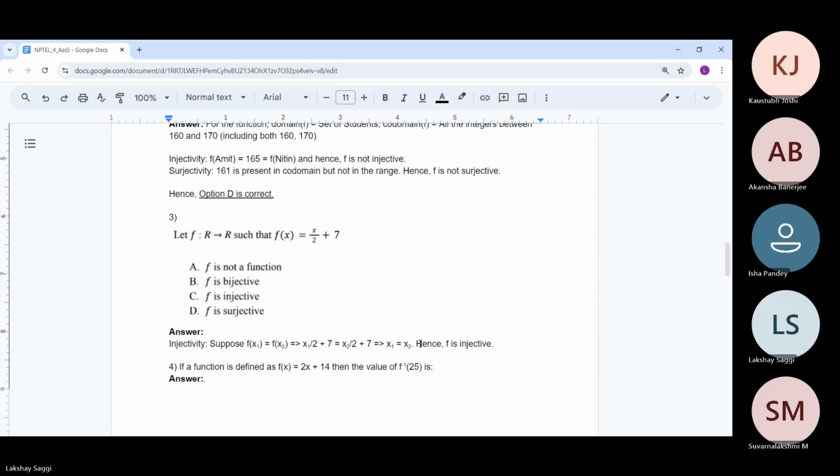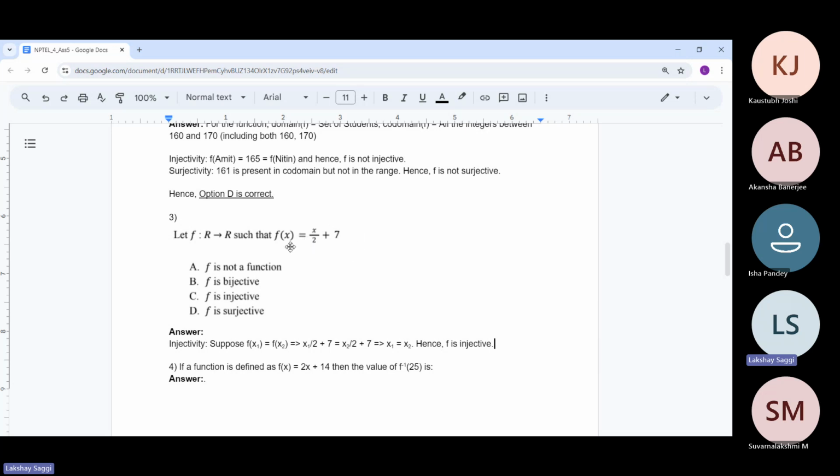Okay, first things first, I think there's also an option which says f is not a function. But note that f will be a function. So how is a function defined? Every element of the domain should have a unique mapping in the codomain, right? And we see that for every value in the domain, there's a unique value x by 2 plus 7.